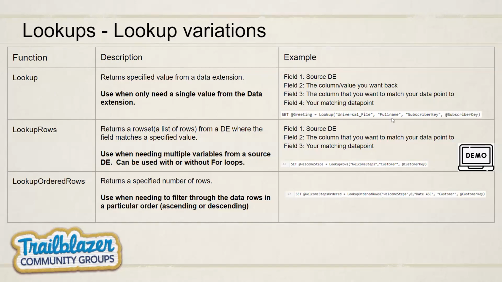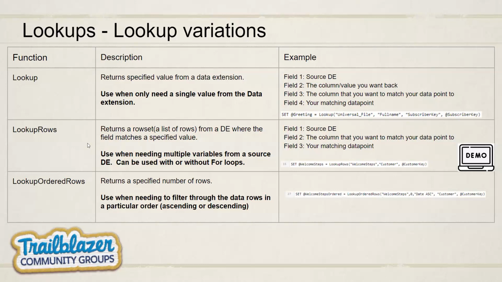The second is the value you're looking to return. The third is the lookup column in that data extension that corresponds to the unique key you're providing, and the fourth field is the unique key itself. It returns a specific value, which you can set to a variable. We'll go over this example live in the demo in a second.